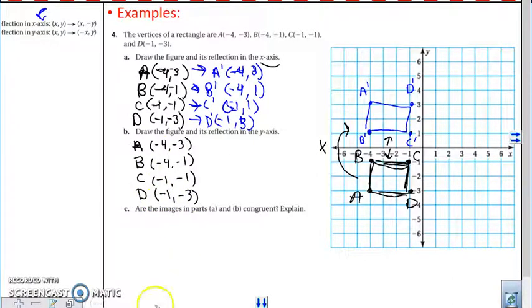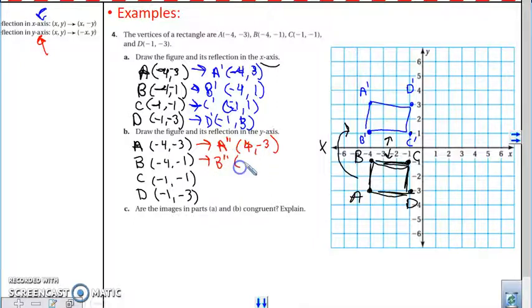Okay, mathematically, when we flip in the y-axis, we change our x value. So A second image, because this is the second one we did, flip the sign of x, 4, -3. Y stays the same.